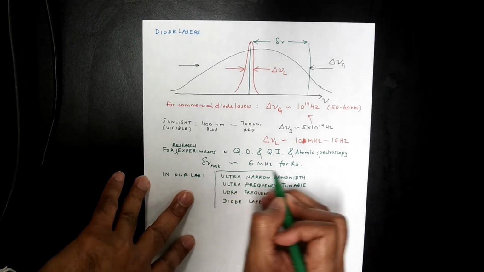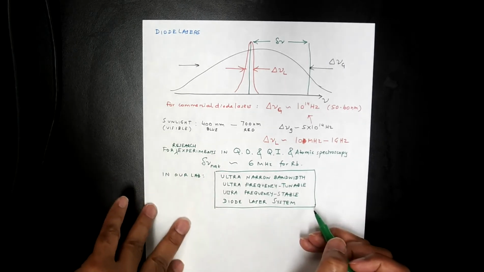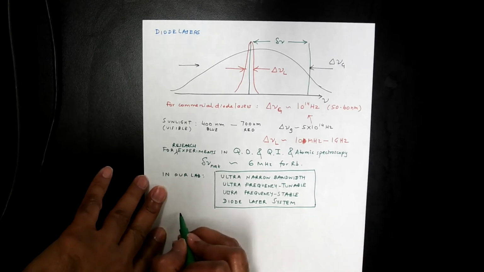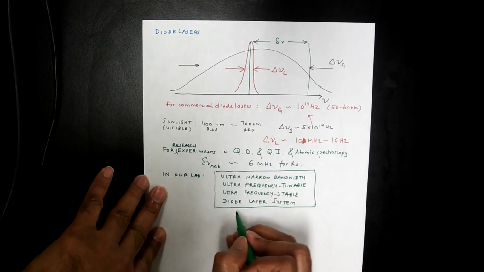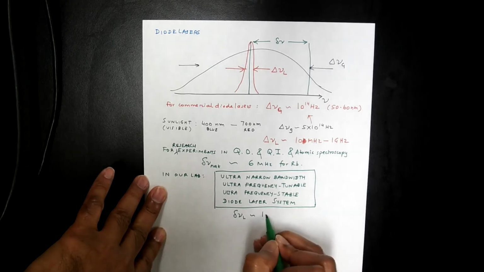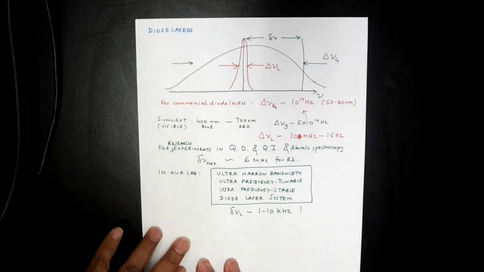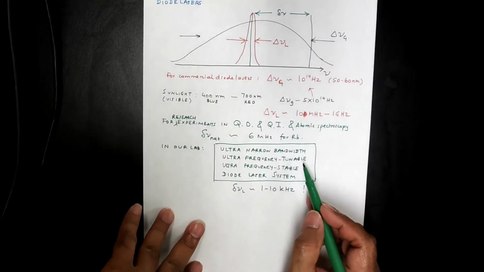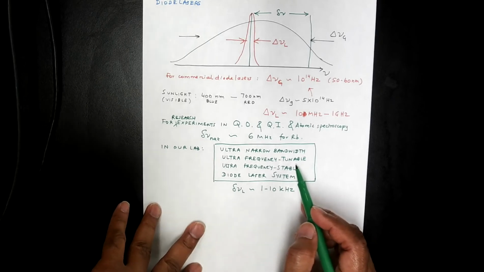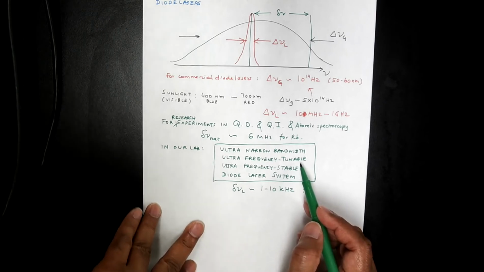Now, what we mean by ultra narrow bandwidth is that the laser line width of this diode laser system is going to be on the order of 1 to 10 kilohertz. And it will be tunable over a wide enough range that you will be able to see all the different values that the spin of the nucleus can have.